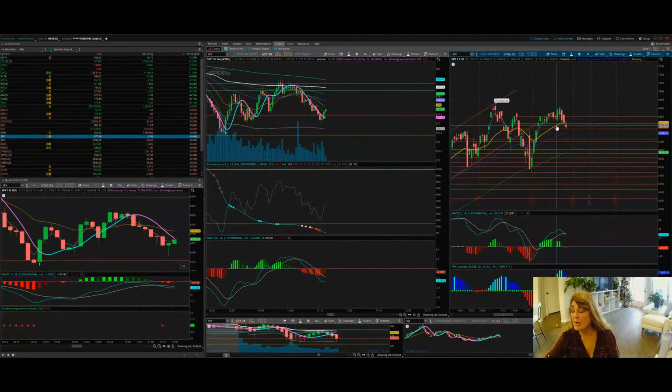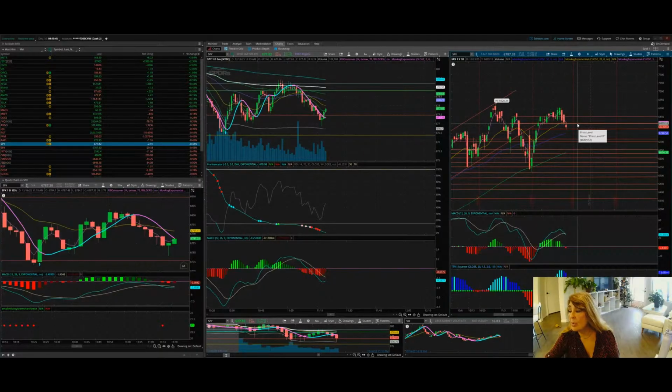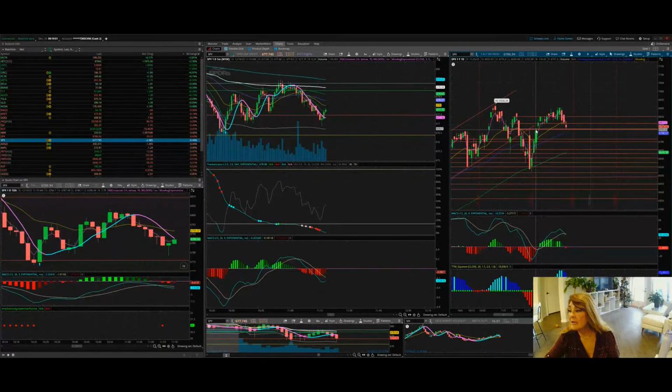So here's a mile marker. We lost the 20. This golden line right here is the 20-day moving average. That has been lost today. We have lost this support at 6,800. That was lost today. We have a gap fill in front of us coming up, and we're almost there.